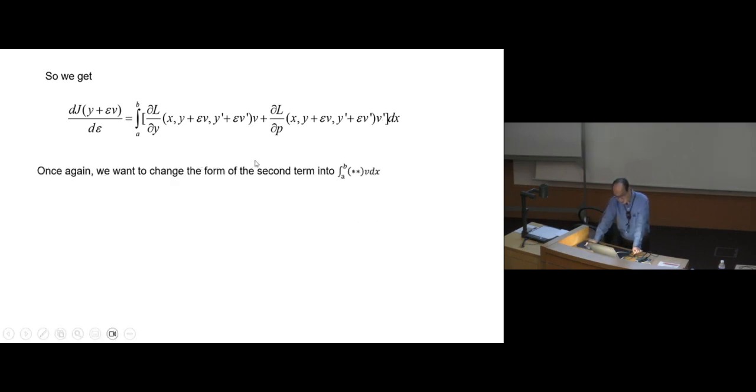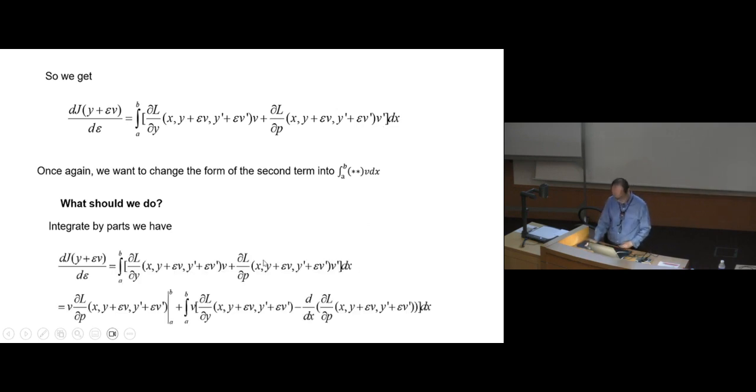So once again, we want to change the form of the second term into an integral which only involves v instead of v dot. What should we do? Integration by parts again, right? Integration by parts. We do the integration by parts, okay? We want to change that such that we can combine both terms.